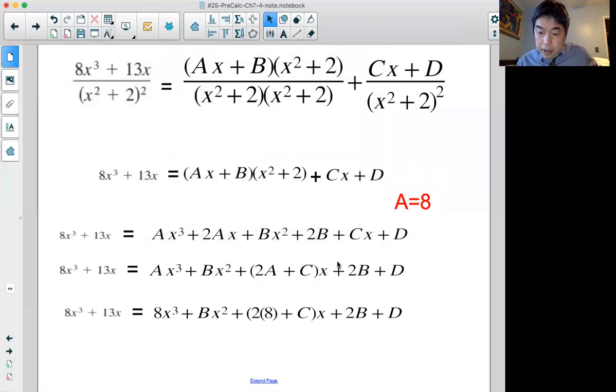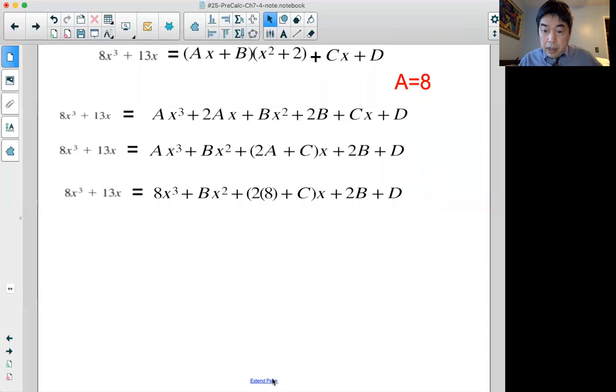All right, so now 13x is supposed to be here. x squared is missing, so b could be 0. Let's see. So b could be 0, but let's see this one first. This is going to be 16 plus cx, right? So let me write down this is 16 plus cx.